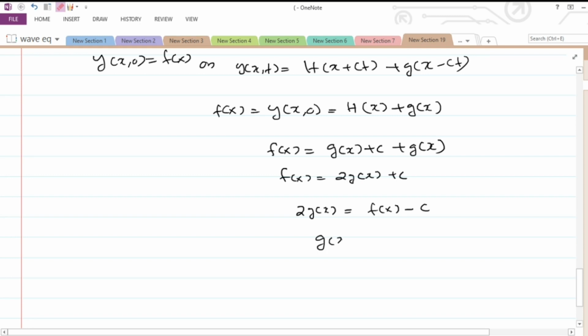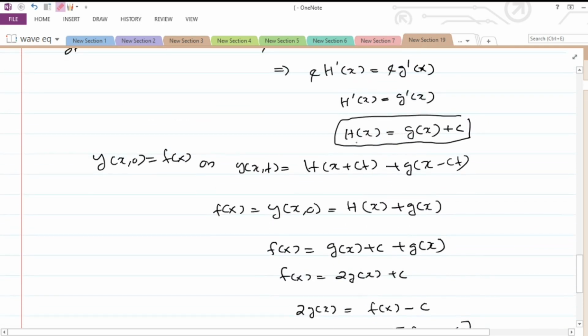Or g(x) is equal to 1/2 times (f(x) minus c). So now we have received g(x). Similarly we have to find capital H(x), which is very easy.